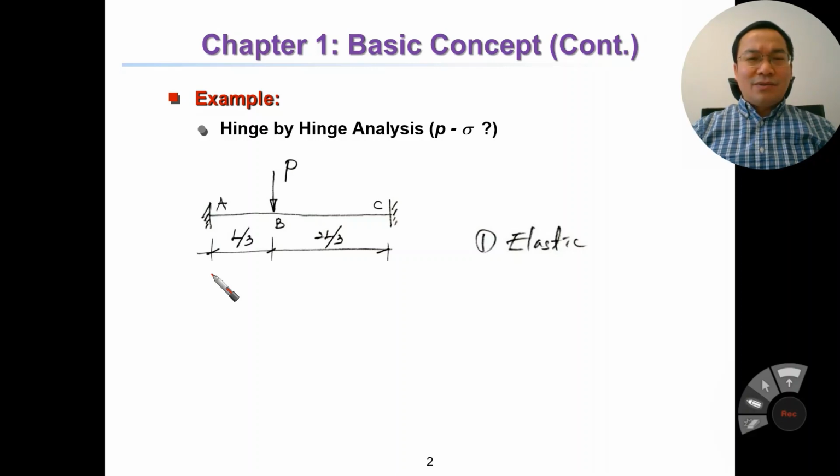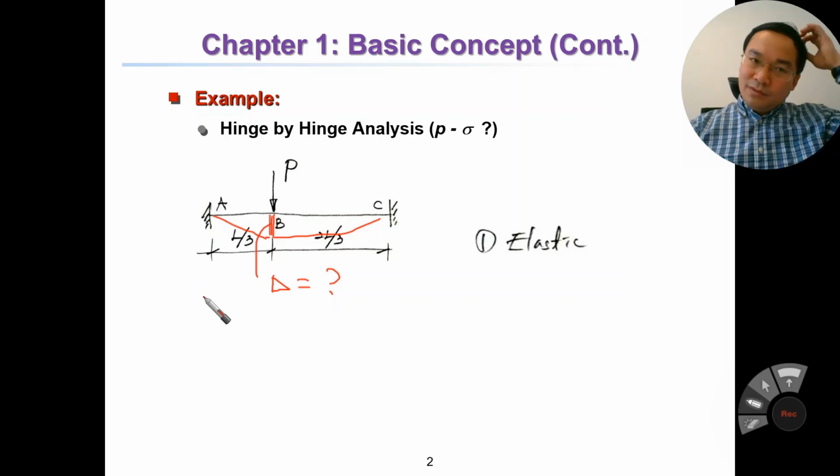So if you forget, please go back to the applied mechanics and learn how to plot the moment diagram and how to calculate the deflection of the structure. For example, can you determine the maximum deflection here? So what is theta equal to? I assume you can determine the deflection and the moment diagram also.